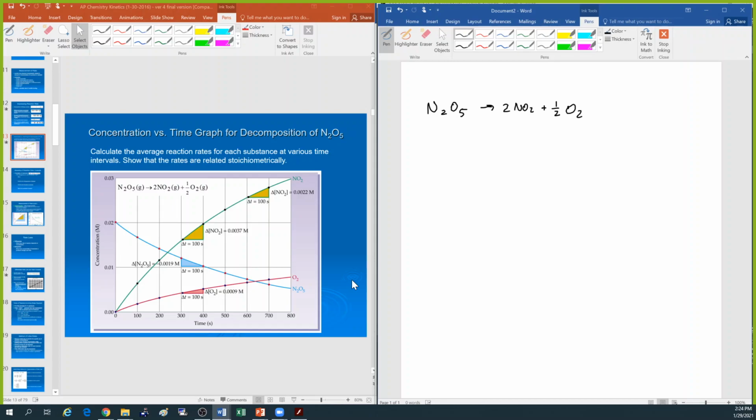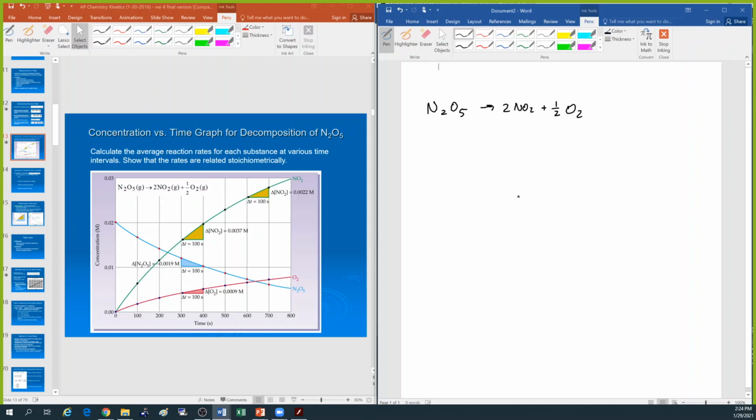It can be, but for our purposes, it doesn't even matter. All that matters right now is that you recognize that as written, when the concentration of something is dropping, it's being used up. And when the concentration is increasing, it's being produced. So we would say this is what's being used up, this is what's being produced, and the general way to write that would be reactants becoming products.